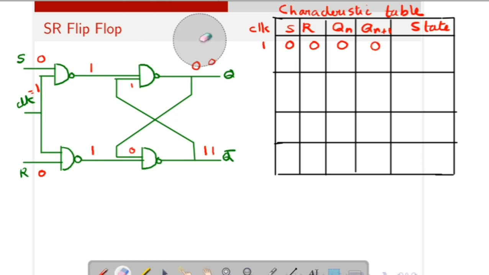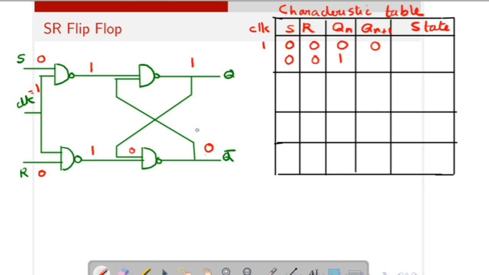Next we take 0 0 1. The next state is 1. So Qn bar is equal to 0. Here also the inputs are 0 0, so we get 1 1.